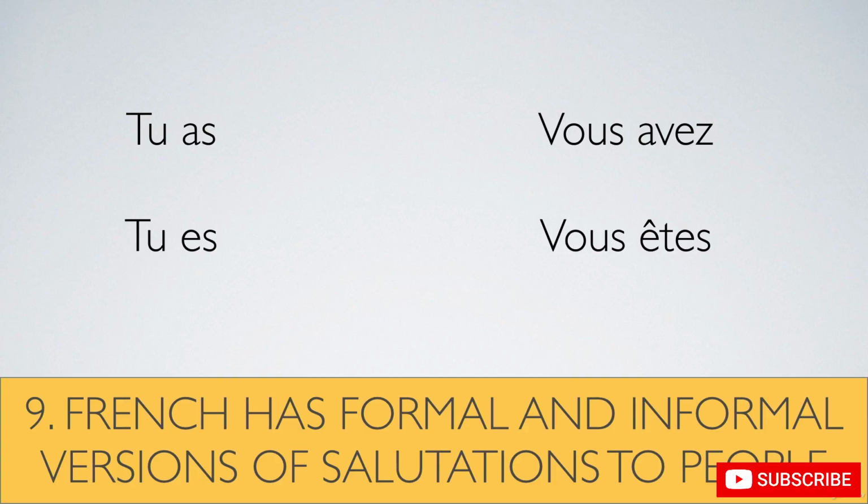So we continued to use the you, which at that time was formal. As the years progressed, we started to lose the informal form, thou and thee, and just adopt the formal form, you, which has now become sort of an all-purpose word. So you in English is used for everyone, whereas in French they still have the difference between formal and informal. So tu is informal and vous is formal.